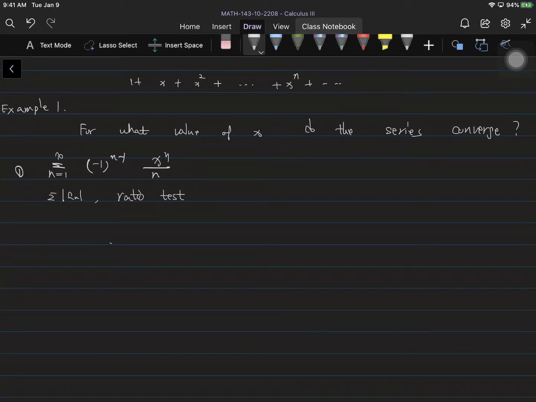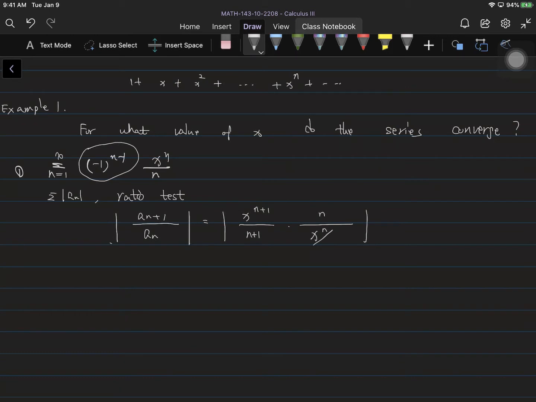I'm going to use the ratio test on the absolute value of a_(n+1) over a_n. When we take the absolute value, the sign goes away because the alternating factor is positive or negative, and the absolute value is always positive. So it becomes |x^(n+1)| over (n+1) times n over |x^n|, where we write the reciprocal directly.